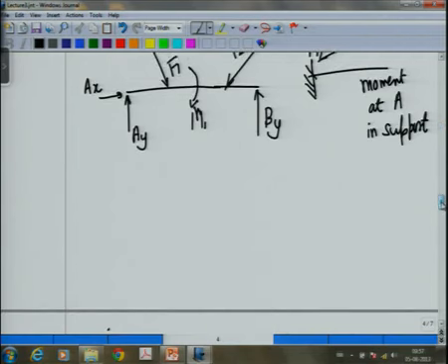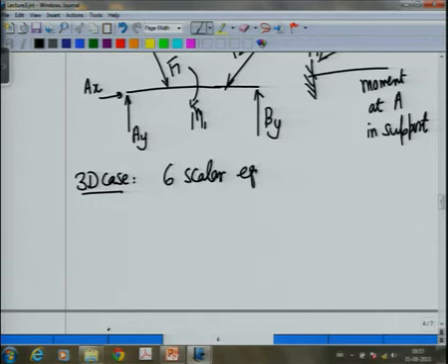Next, this is for a two-dimensional case. For a 3D case, I will take an example after this, but before that, in a three-dimensional case, we get 6 scalar equations.